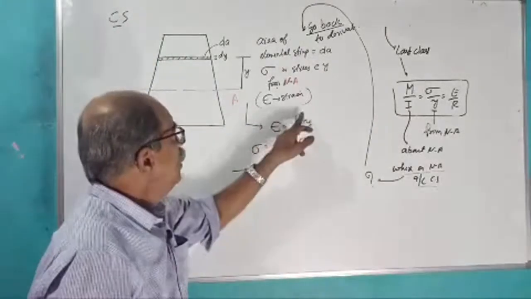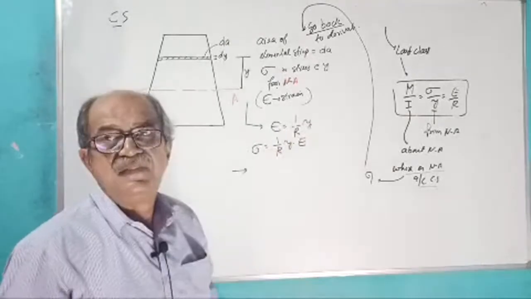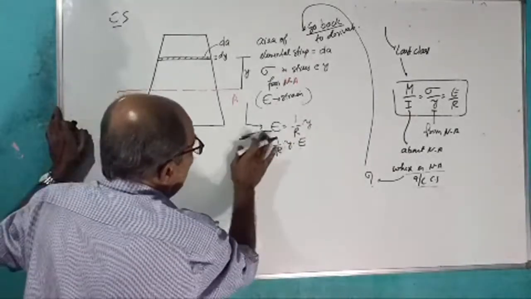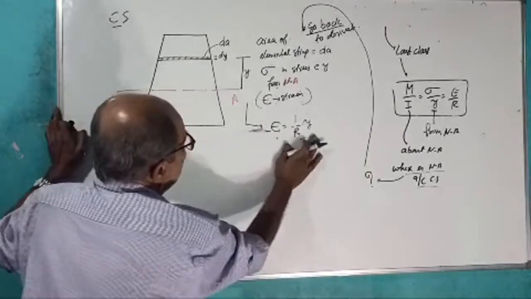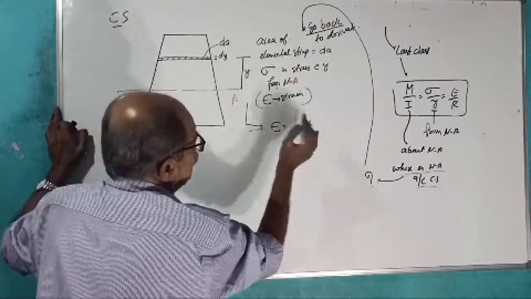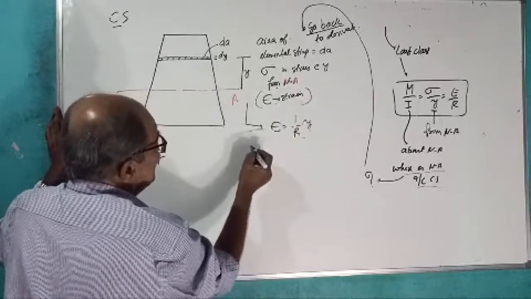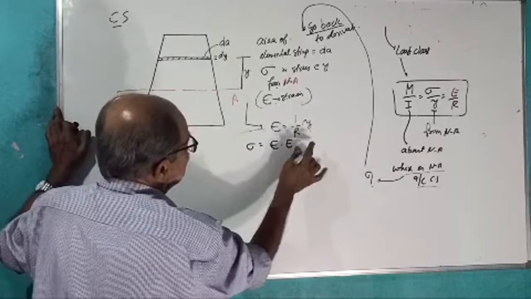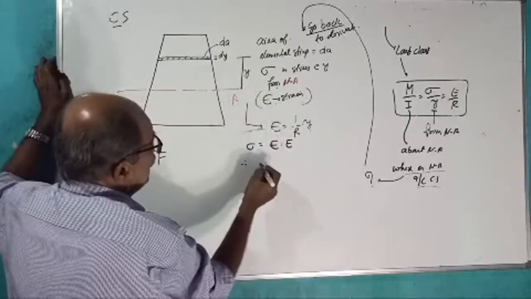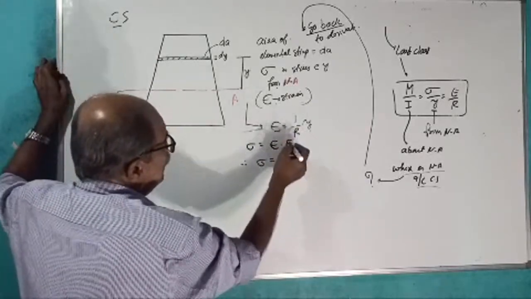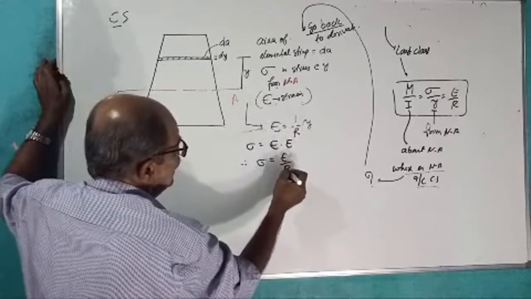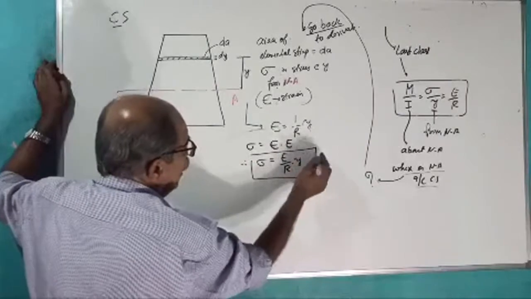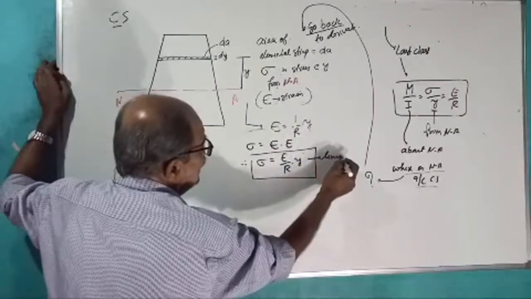Epsilon equals 1 by R into y. Then you also know that stress equals strain into Young's modulus. Therefore stress equals E by R into y. Y to the power 1, therefore linear variation.